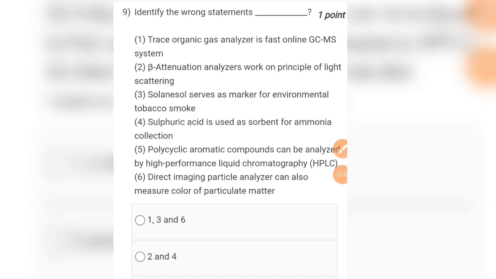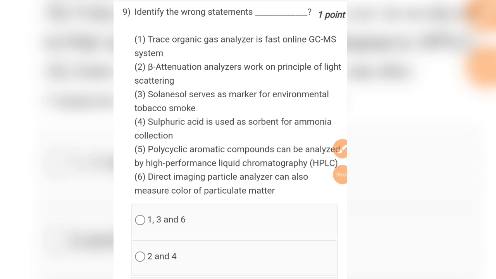Okay. Question number 9 is: identify the wrong statements. We just have to pick the wrong ones. Okay. So statement 1 is trace organic gas analyzer is a fast online GCMS system. Statement 2 is beta attenuation analyzers work on the principle of light scattering. Statement 3 is solanesol serves as a marker for environmental tobacco smoke.